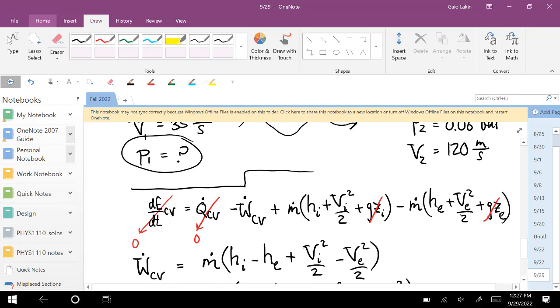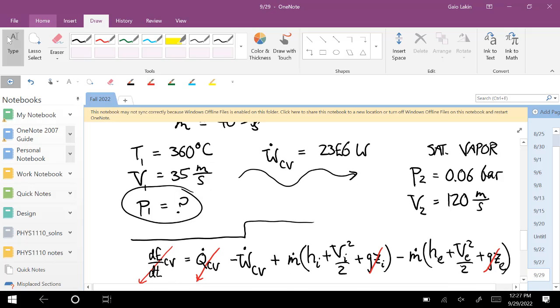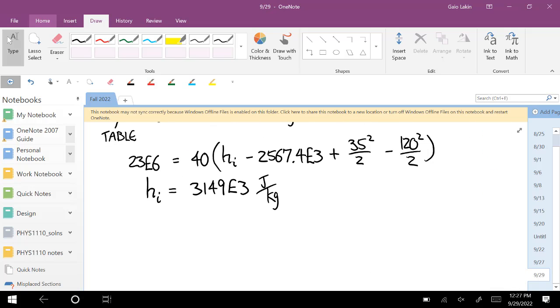Okay, well, we're given a temperature of 360, so we don't know the pressure, but we know the temperature is 360. We know this is superheated vapor, so we can go to the steam tables and do an interpolation using a temperature of 360. You with me on that?